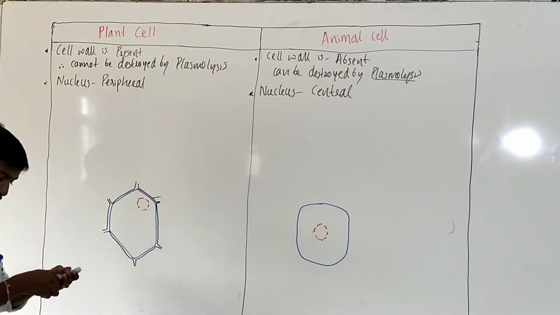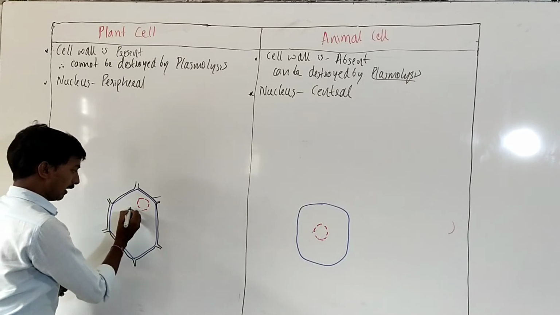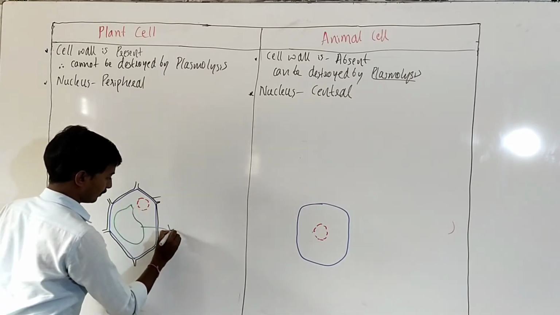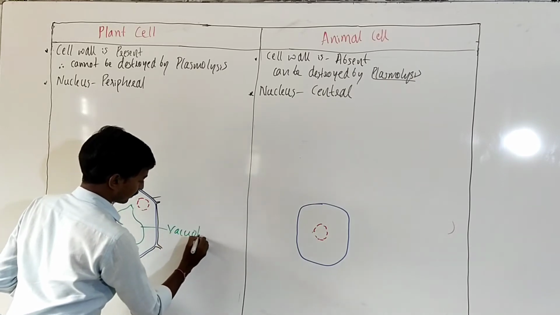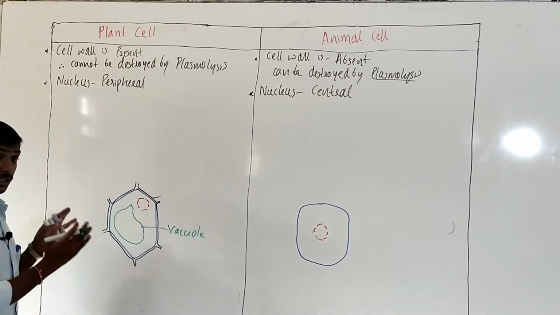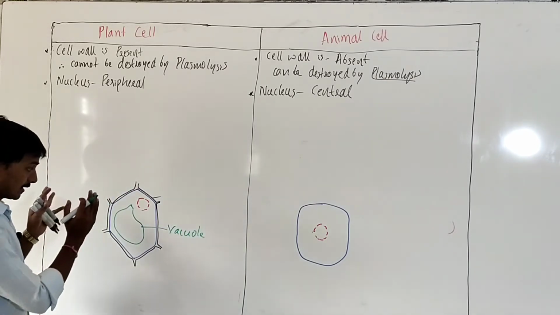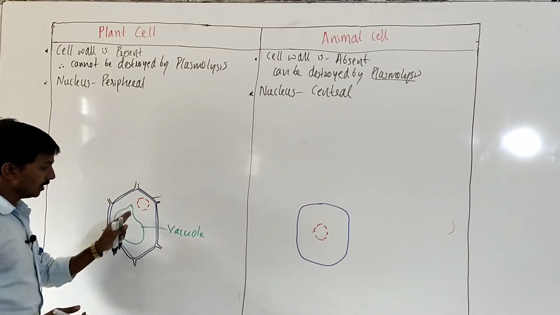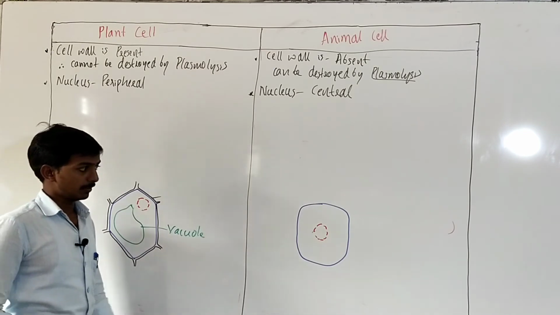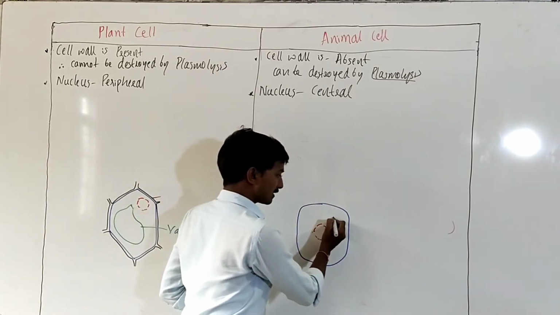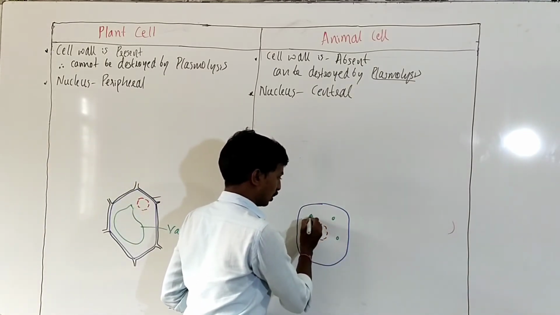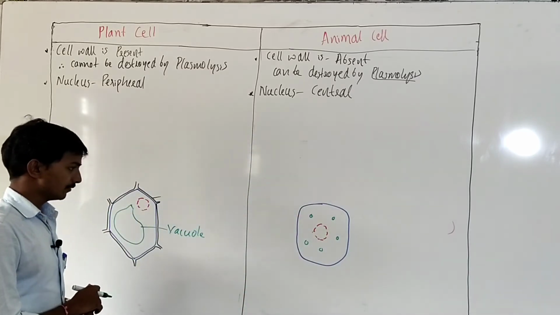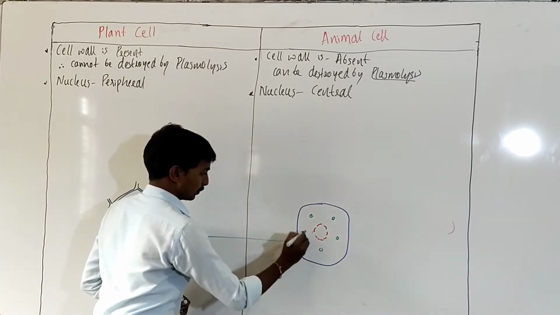Yes, the major thing is a large central vacuole. The vacuole is larger and central in plant cell, which will push the nucleus towards the periphery. But in animal cell, the vacuoles, if present, are smaller and they are freely moving in the cytoplasm.